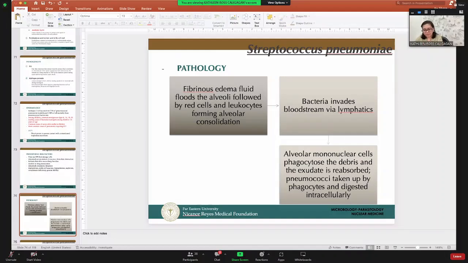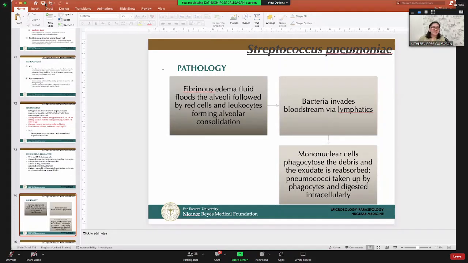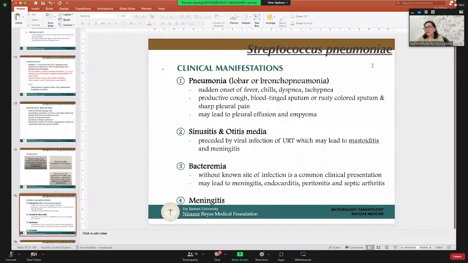Bacteria then invade the bloodstream via the lymphatics. The mononuclear cells phagocytose the debris and the exudate is reabsorbed. Pneumococci are taken up by phagocytes and digested intracellularly.